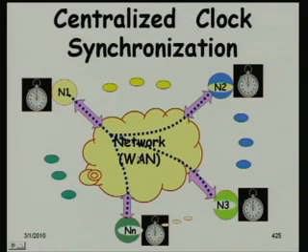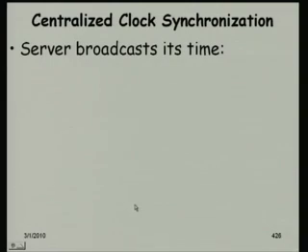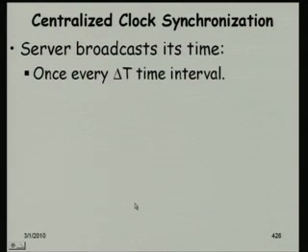Simple mechanism. The server broadcasts its time every delta t time interval. Now, let us see slightly more detail of this. It periodically broadcasts and the cycle is delta t.